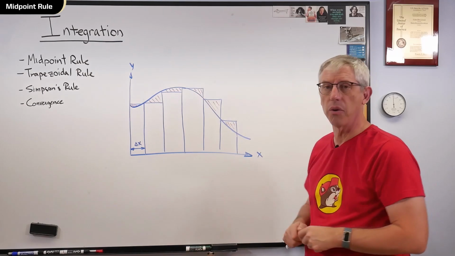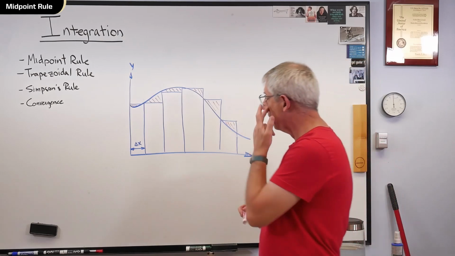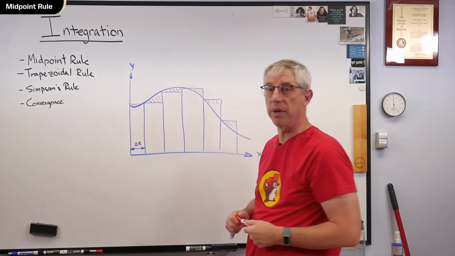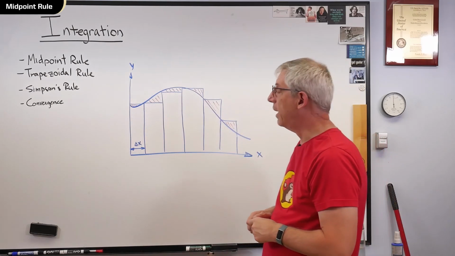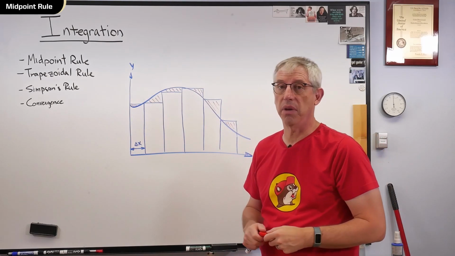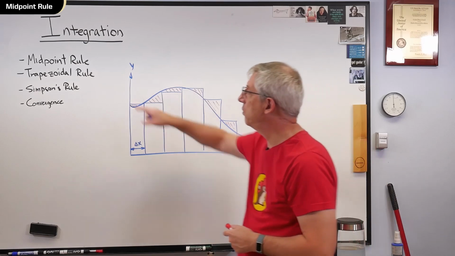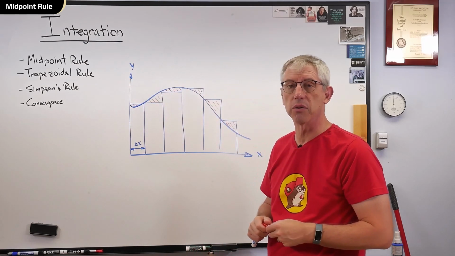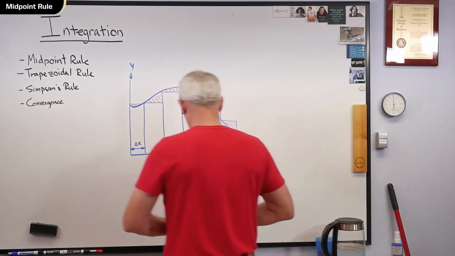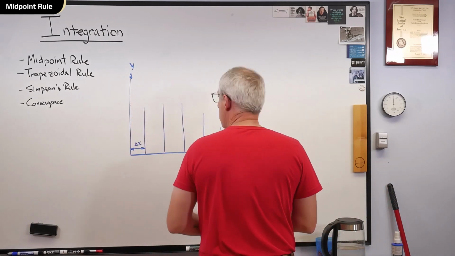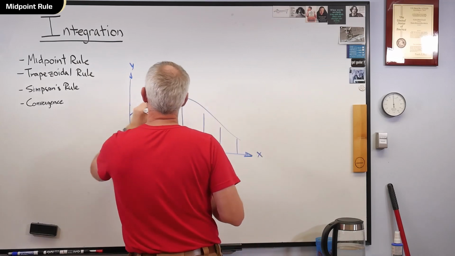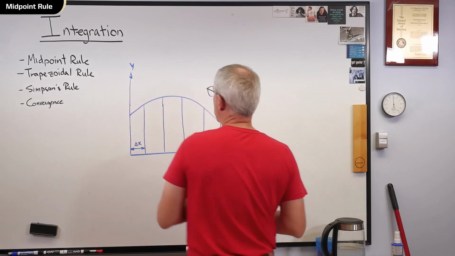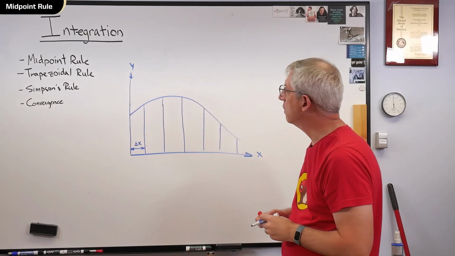Well, what's another way to do this? There's nothing magical about saying that the left-hand side of each interval, each little segment, has to be the height of the box. We can pick any value we want. Well, the midpoint rule says, what about putting it in the middle? Let me erase and draw this again. Okay, hopefully that's close enough.